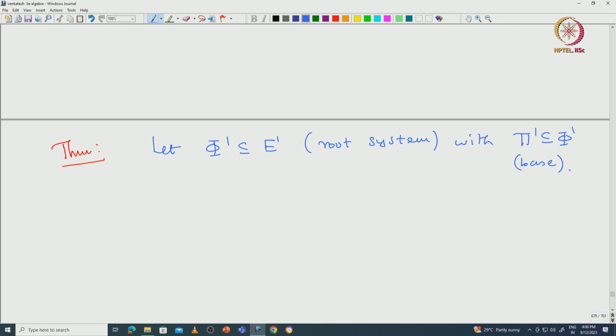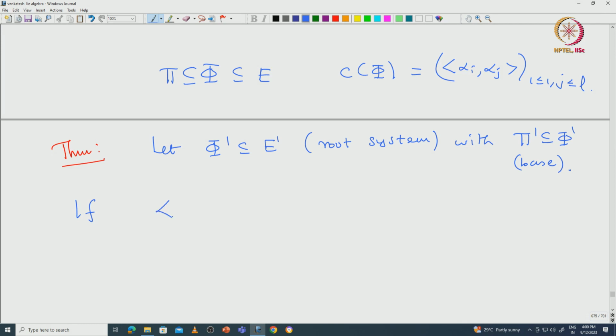Okay, we already have this Φ sitting inside E with the base Π. This is already there, and you also have this Cartan matrix given by ⟨αi, αj⟩ for 1 ≤ i, j ≤ l. So all these data are already given, and let us say we have another Φ', Π'.